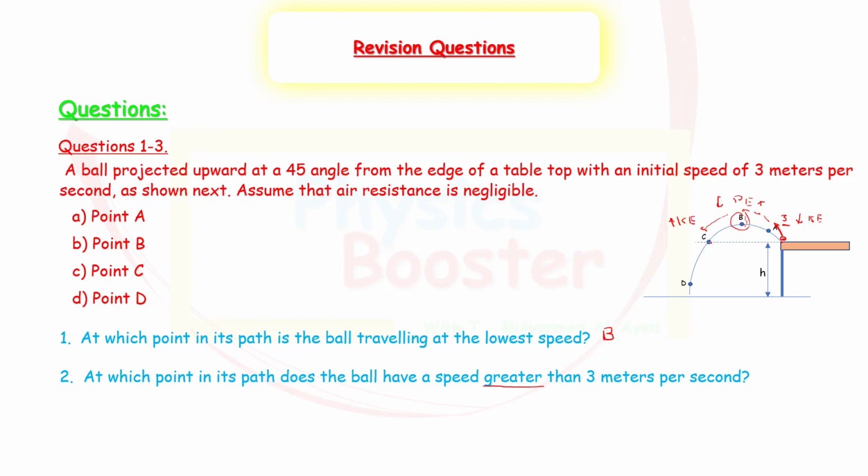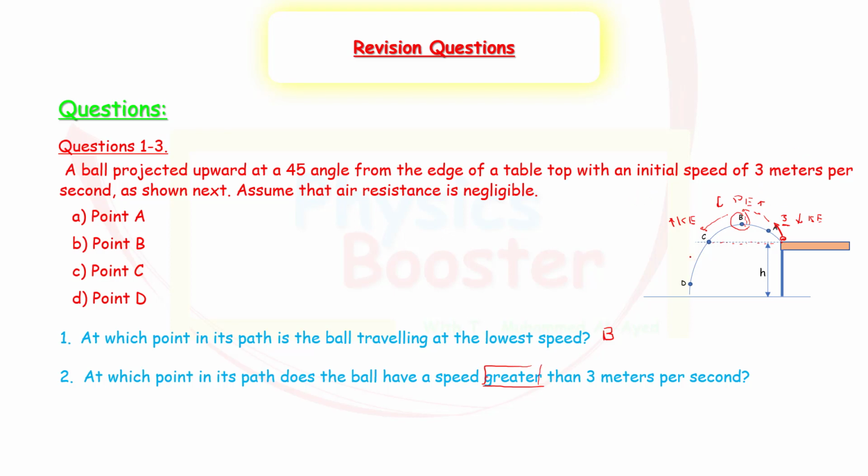We can say that at location C, we will have a speed equal to 3 meters per second, because all the kinetic energy it lost, it gained again. Therefore, it will have the same speed that it had when it left the table initially, which is 3 meters per second. Now, it's asking where does it have a speed greater than 3 meters per second? The word greater changes everything. Greater means the speed is more than 3 meters per second.